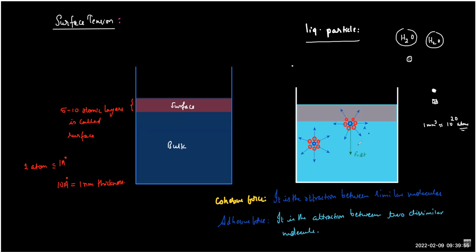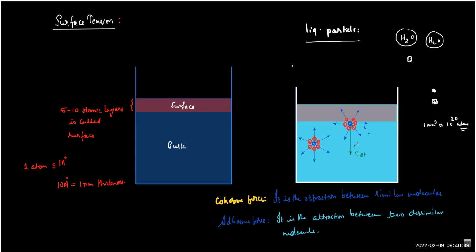So you can think that the surface is a high energy region compared to the bulk, and that is why this energy difference differentiates between the bulk and the surface concept in physics. Surface as a concept is a location in which the molecules that reside there have high potential energy compared to the molecules within the bulk, and they are not permanent members of the surface. No molecule is a permanent member of the surface.